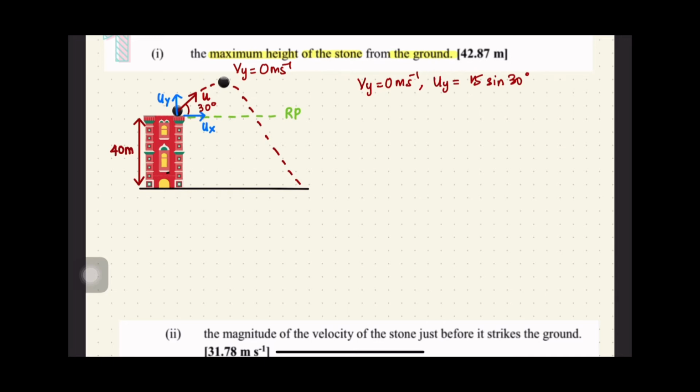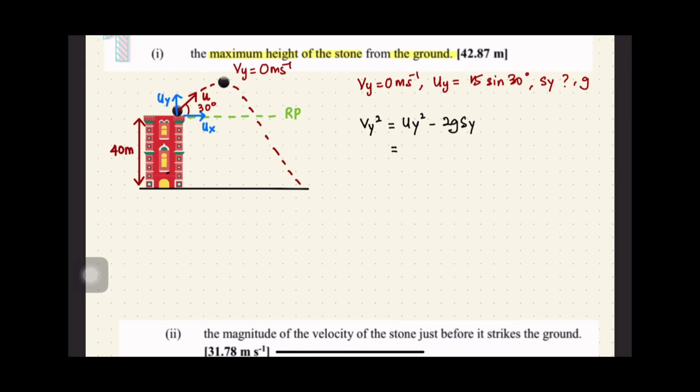Okay, next is Sy. And then we have g. g is always 9.81, the direction is downward. So we have completed all four items to include in our equation. So equation kita boleh pilih Vy square is equal to Uy square plus 2, kita guna negatif terus lah, negative 2g Sy.